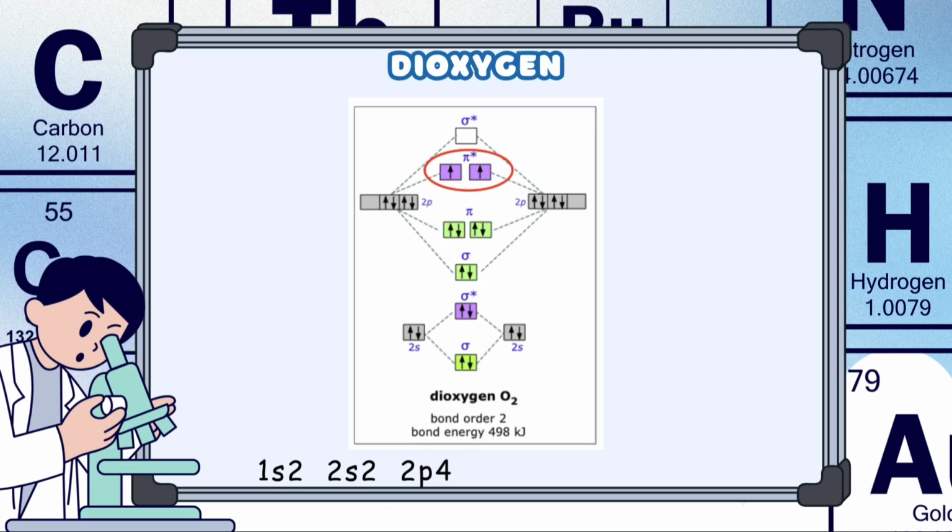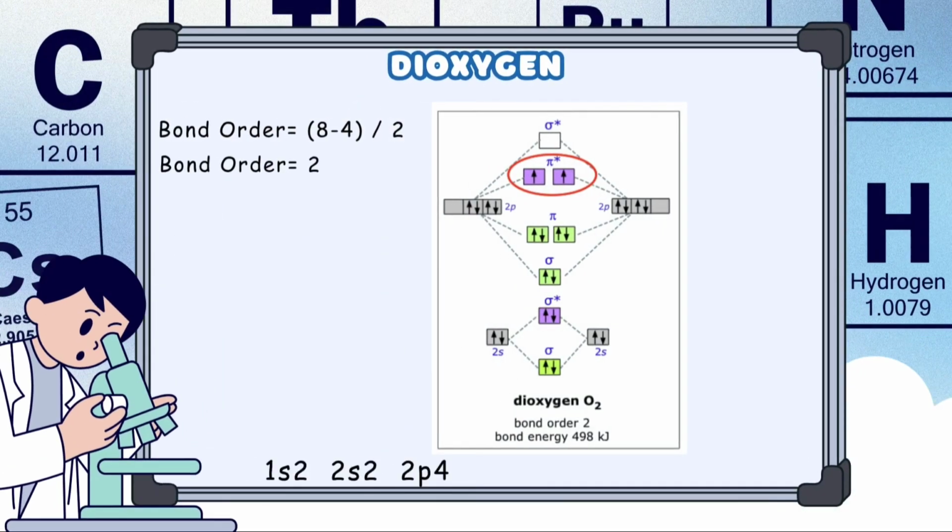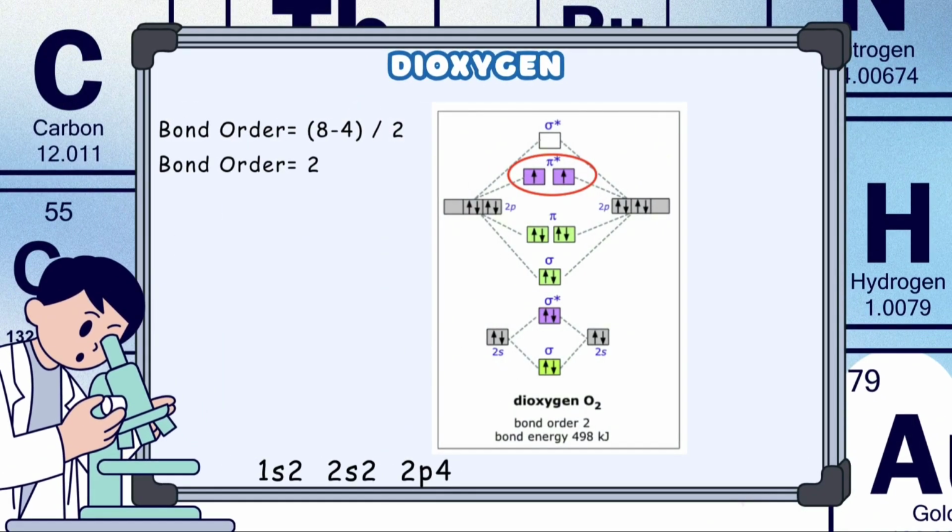First, we fill up the bonding area, first the sigma orbital, then the pi orbital, then again the pi orbital up here, which has two unpaired electrons.